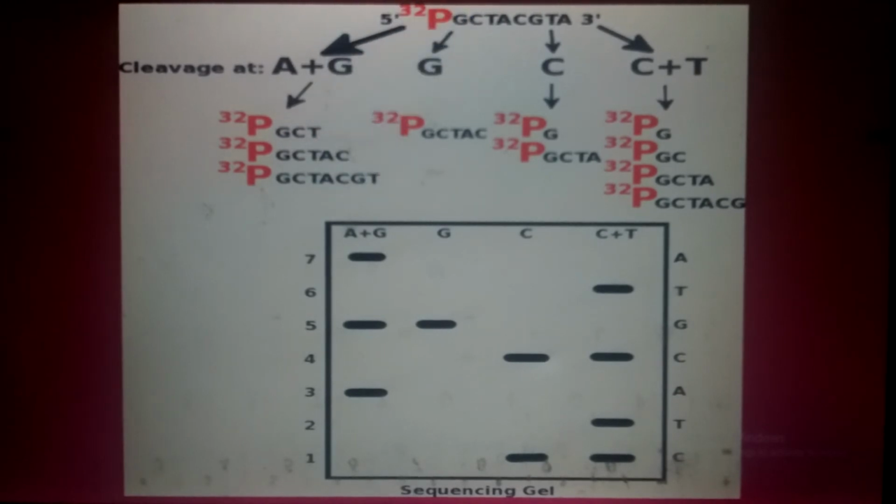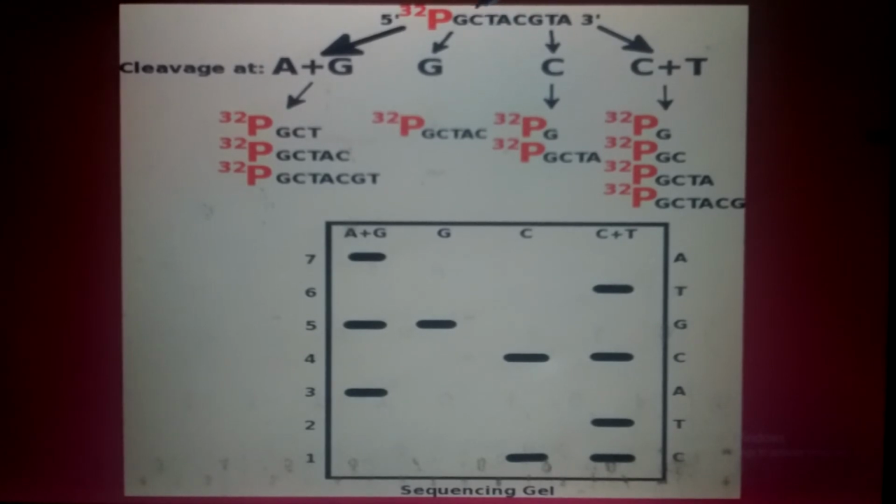Now consider just the G, 2 Gs are here. At this G, no fragment is produced, but at this G, a fragment is produced which contains GCTAC. Now for the C, you can see C is here.